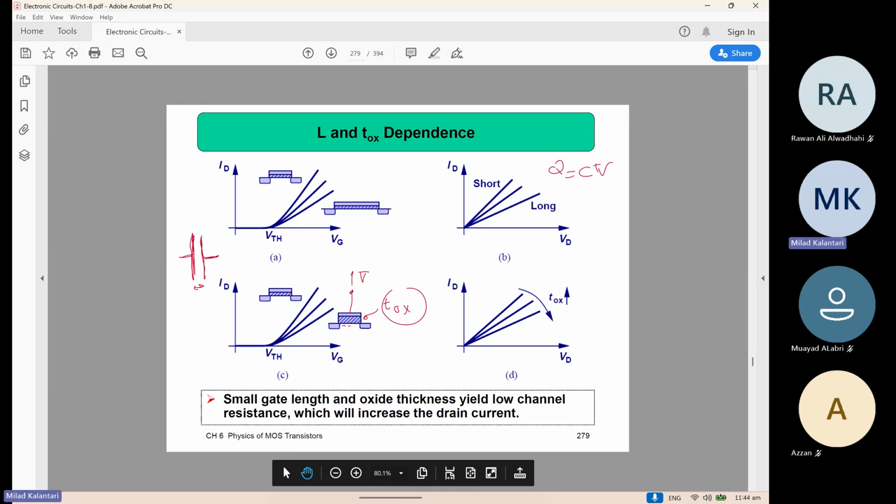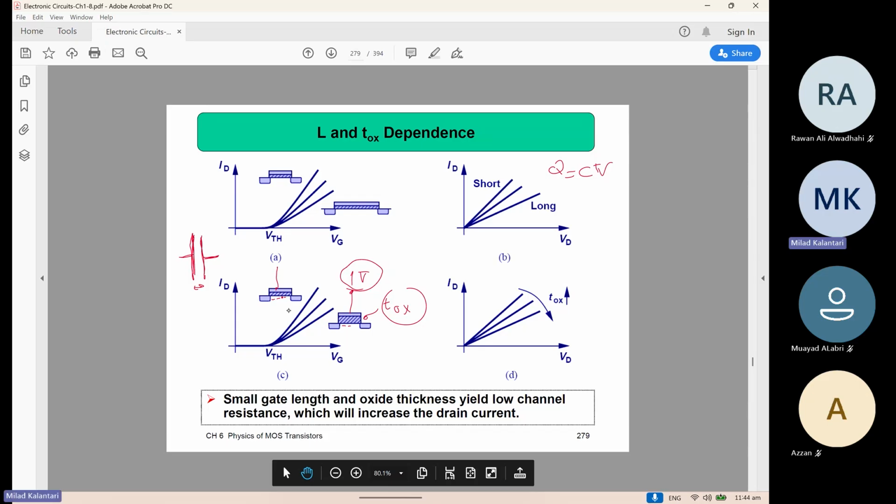With the same voltage for both cases, the thinner one can store more charge, right? The more charge means more negative charge at the channel also, which means what?